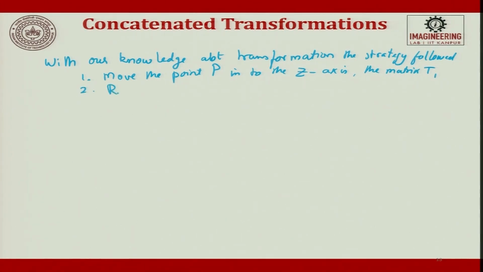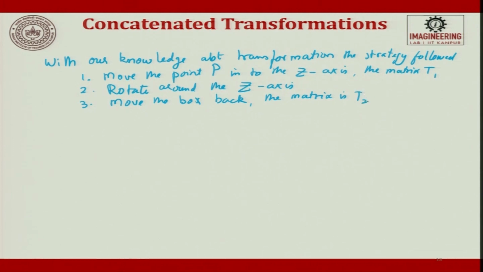To rotate it, rotate around the z axis, R. Then move the box back, the matrix is T2 dash transformation.